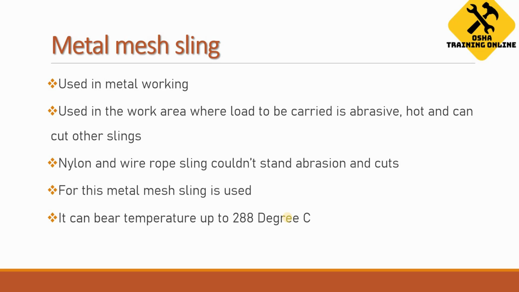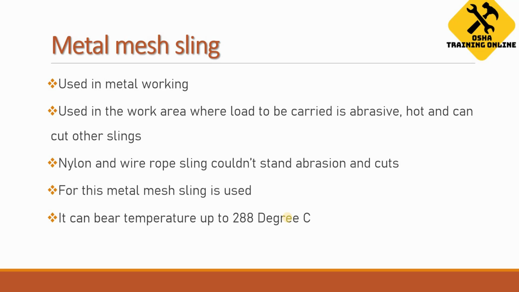Nylon sling, wire rope sling, and chain sling could not stand abrasion and cuts. We will study the nylon or synthetic sling in the upcoming slide, but the wire rope sling and the chain sling could not stand abrasions and cuts. If the material is hot, having high temperature, and has abrasive behavior so that it can make cuts, then the wire rope and chain slings could not be used, and we also cannot use the nylon or synthetic sling.